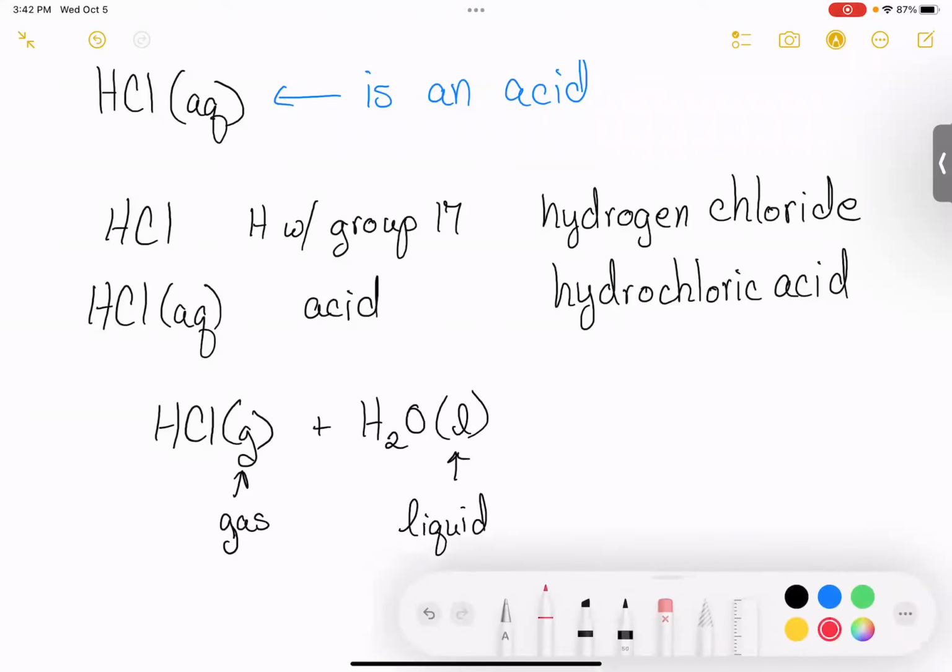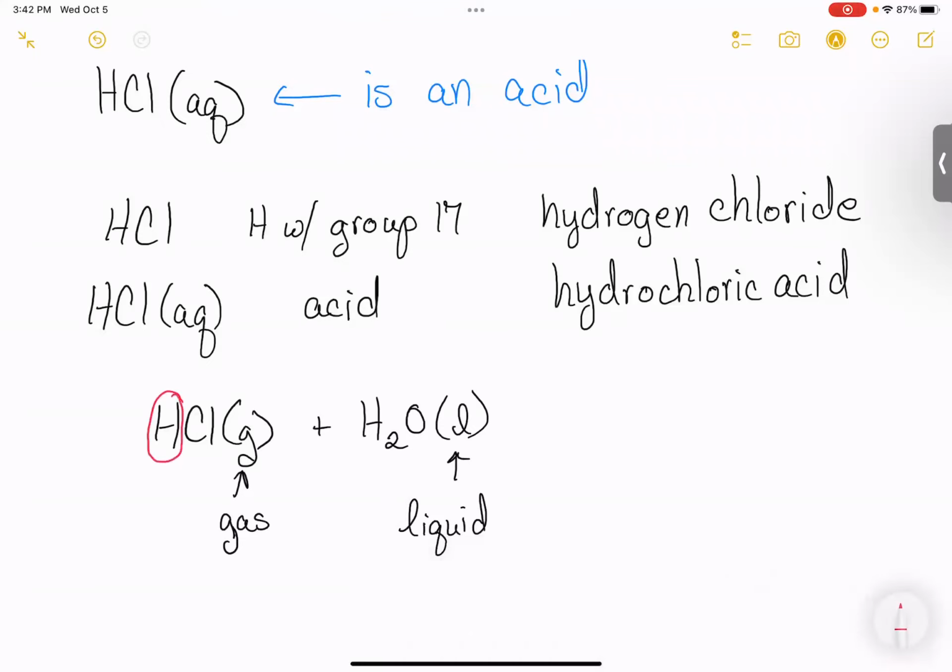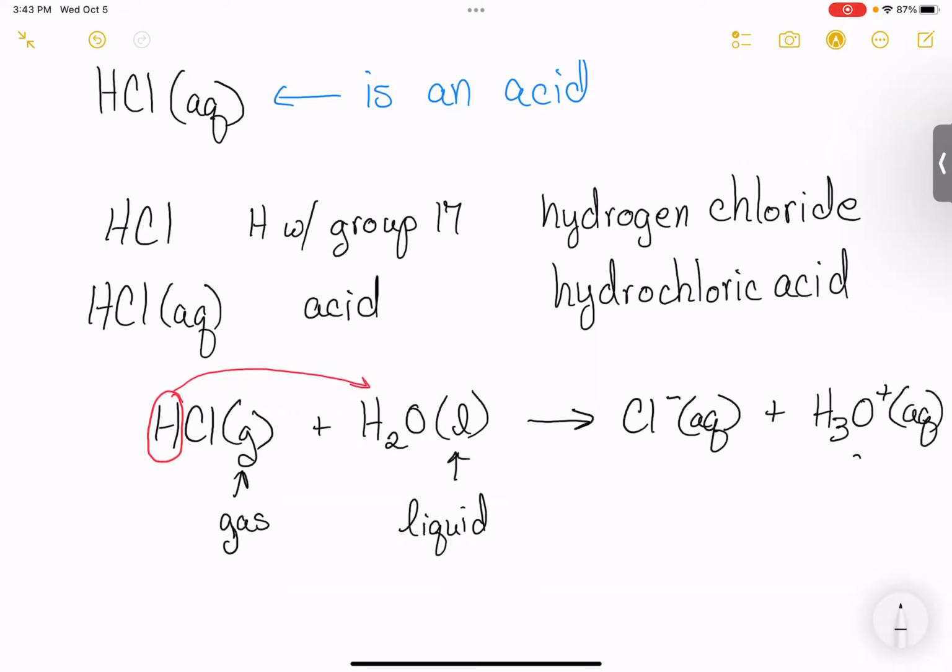What happens is that the hydrogen of the HCl is going to dissociate so that it is no longer going to be attached to the chloride. So you wind up with Cl- in water, and we wind up with H3O+ technically, which you will see written sometimes as just H+.